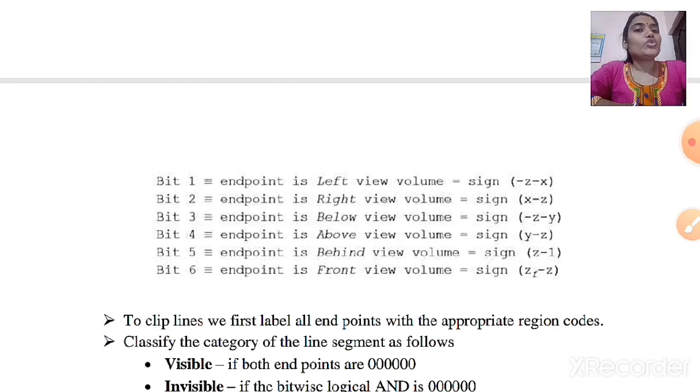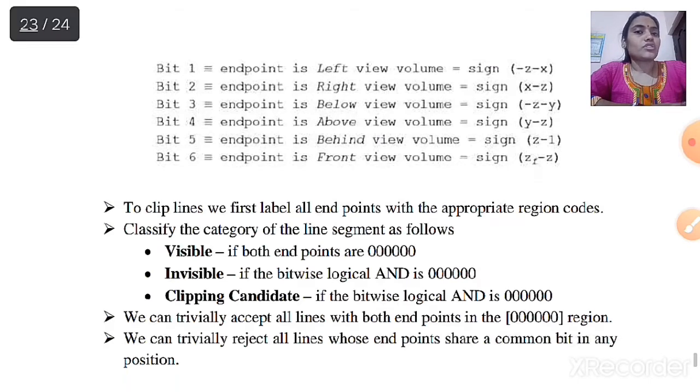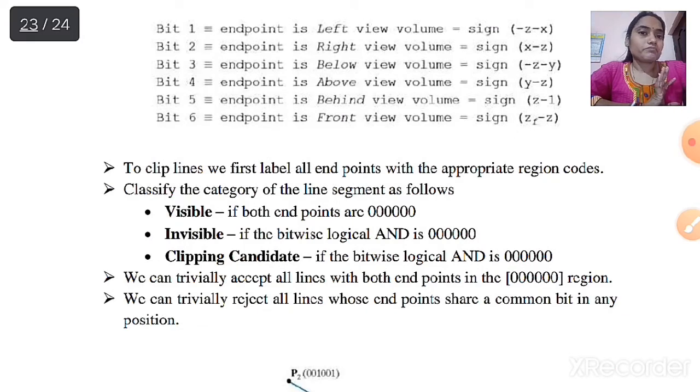To clip lines, we first label all endpoints with appropriate region codes. Then we classify the category of the line segment as follows: if both endpoints are visible, then the values are 0 0 0 0 0 0, six digits of 0.